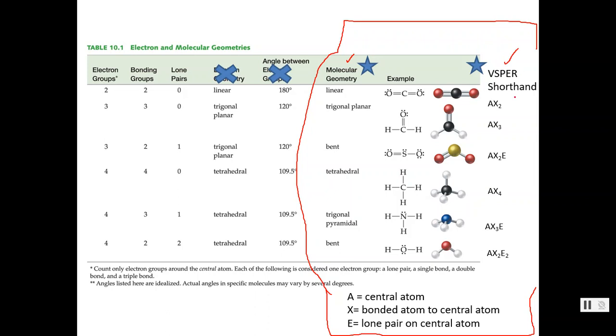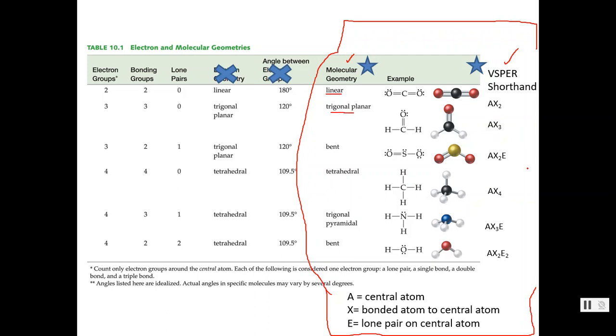So for example, we said anything that has an AX2 VSEPR shorthand notation, where A is the central atom and X represents the atom bonded to the central atom, has a shape that is linear. Things that are AX3 have a shape that is trigonal planar.